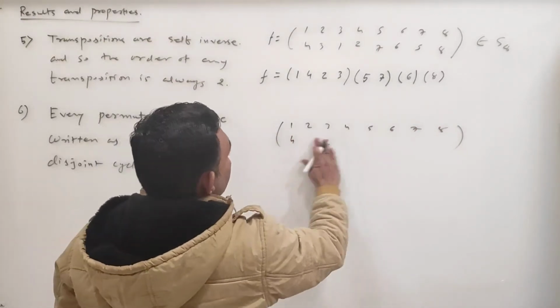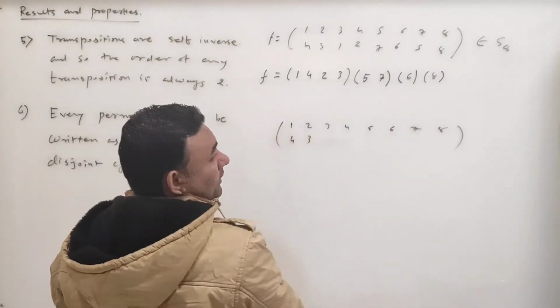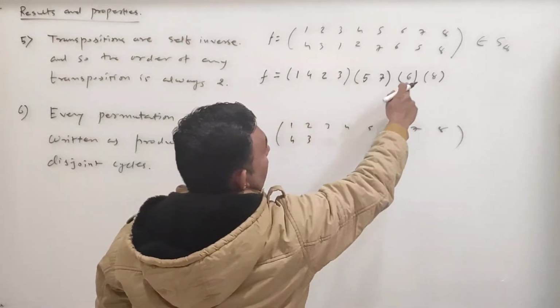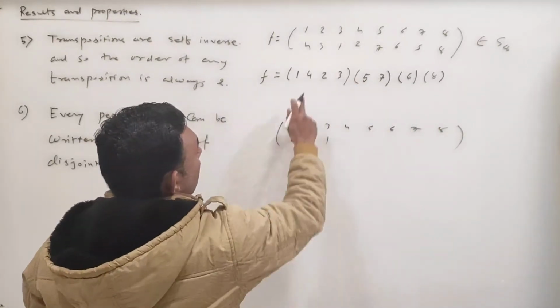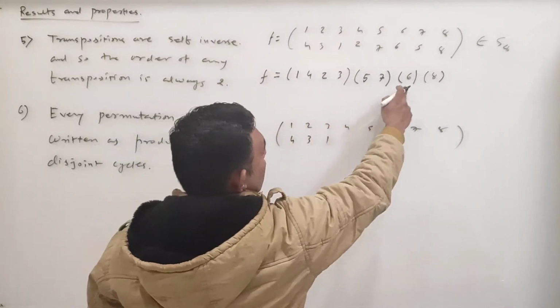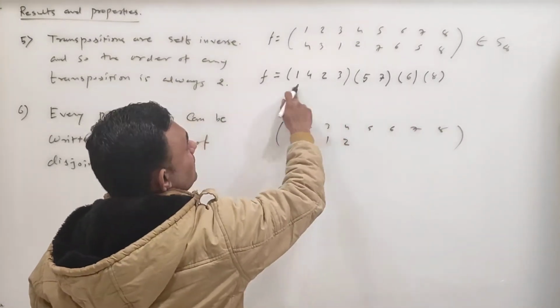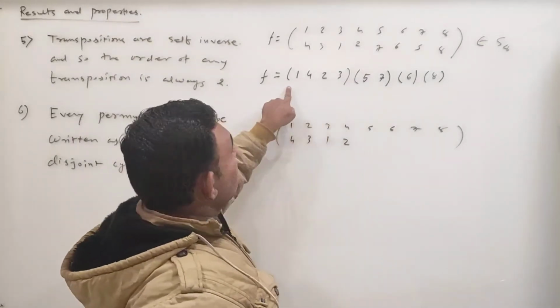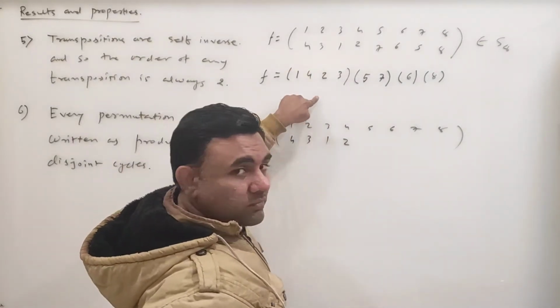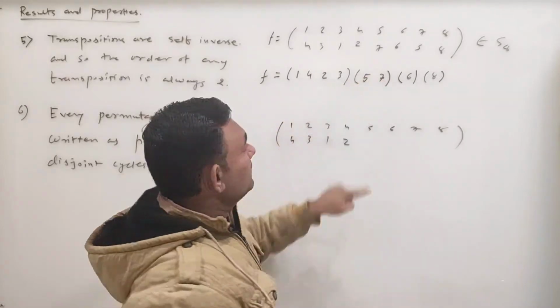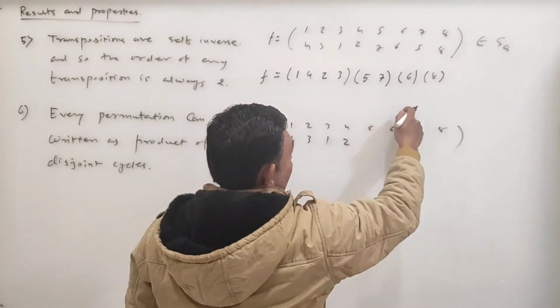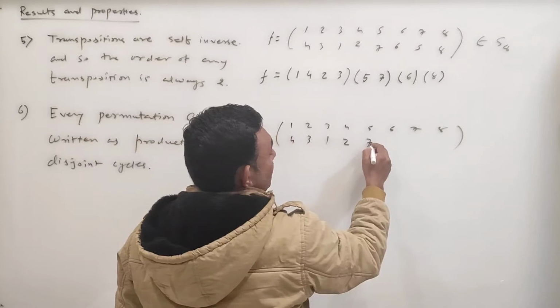2 goes to 3, 3 goes to 3, right? 3 goes to 1, 1, 1, 1. 4 goes to 2, 2 goes to 2. 5 goes to, see here 5 is not here, so 5 goes to 5, here 5 goes to 7. 7 goes to 7, so 7.